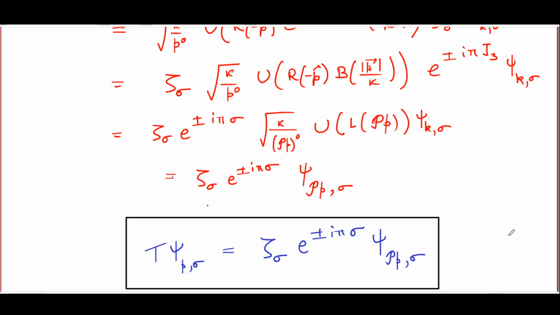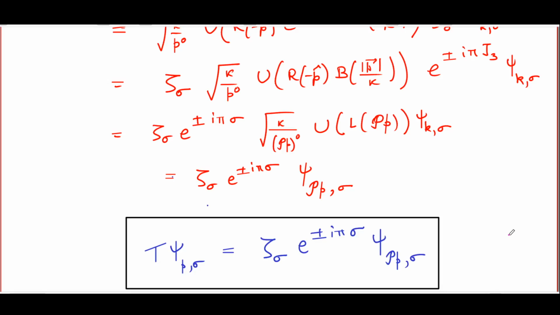Note that the new 4 momentum is parity acting on the original 4 momentum and not time reversal acting on the original 4 momentum. But that's to be expected anyway, because time reversal acting on the original 4 momentum would have given you a negative energy state, which is really not what's going to happen here. And then you have an overall phase factor zeta sigma e to the plus minus I pi sigma.